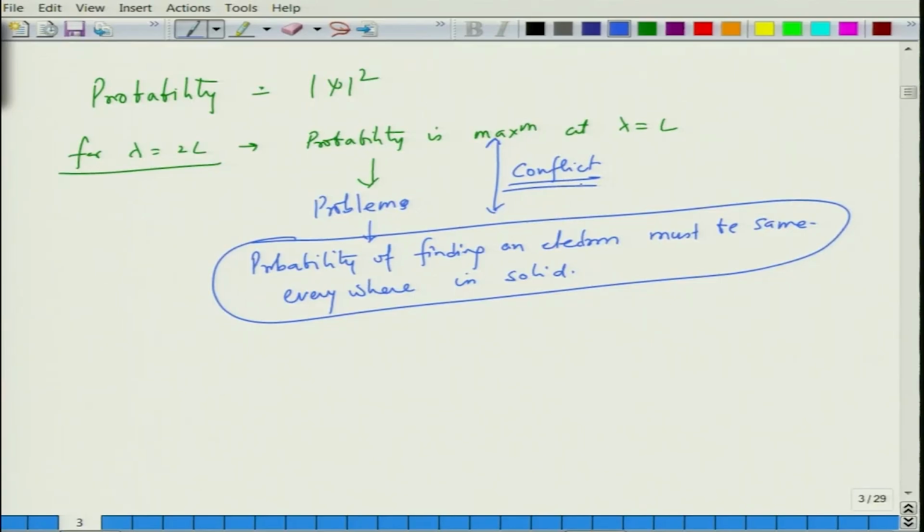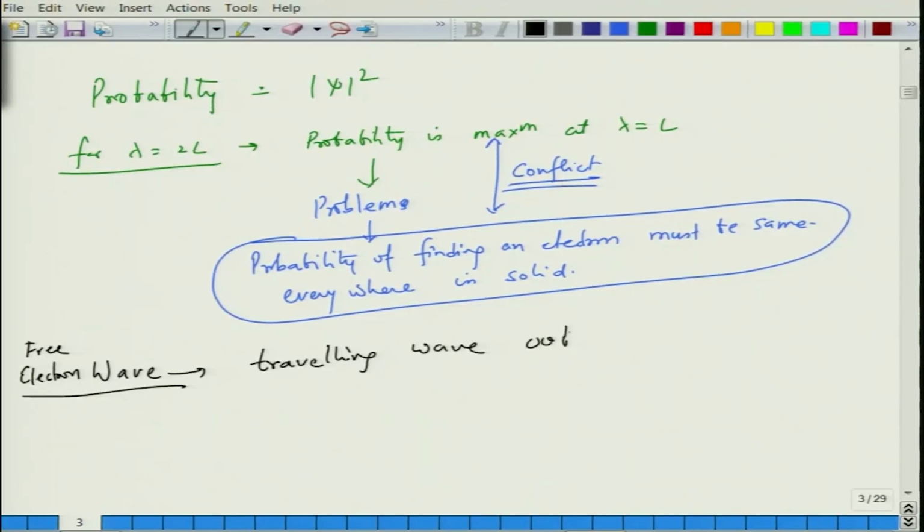This conflict, or this difficulty, is overcome by assuming that the electron, if you consider it as a wave, is a free electron wave that is a travelling wave with a constant velocity.